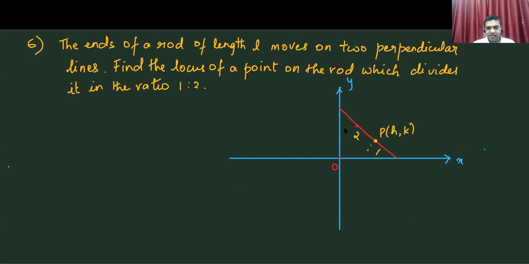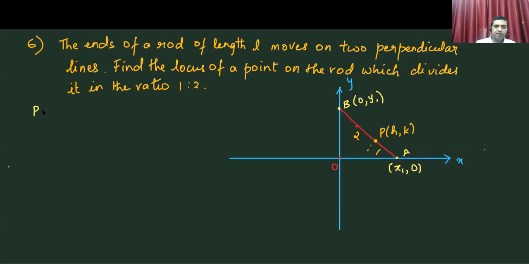Now we have to apply the conditions. Let's say this end is A and this end is B. A will be of the form x1, 0, and B will be of the form 0, y1, isn't it? x1 and y1 are unknown to us, but we can find them out, because P(h, k) divides AB in the ratio 1:2.